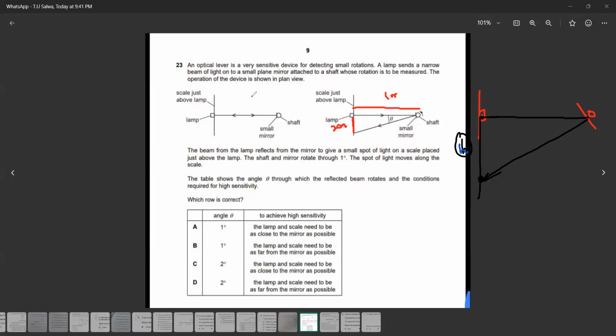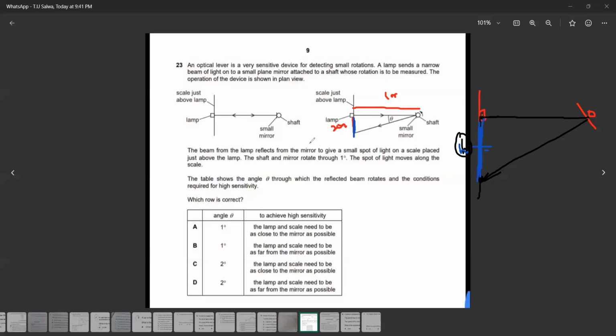High sensitivity means easy to measure. So which length will be easy to measure when the spot is moved a smaller distance or a larger distance? High sensitivity achieved means for a small change, a greater change in length occurs.